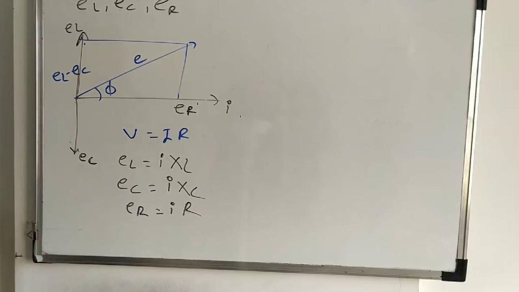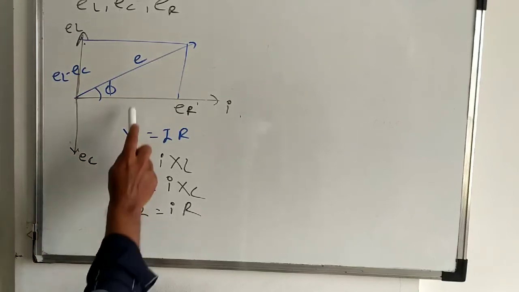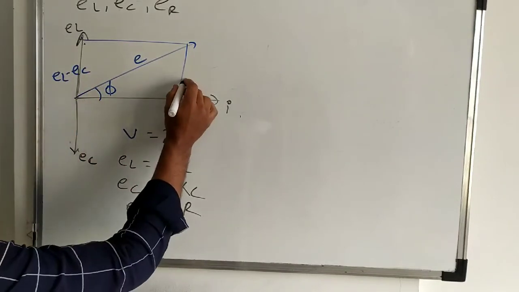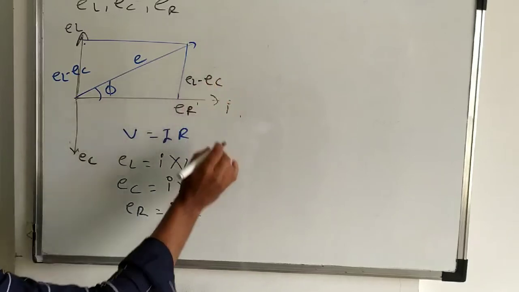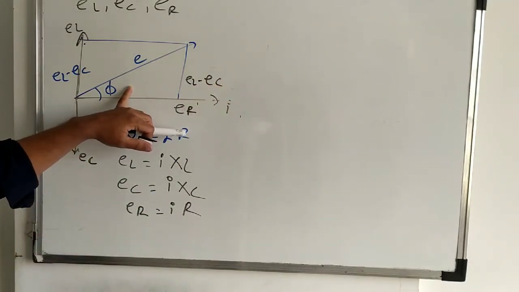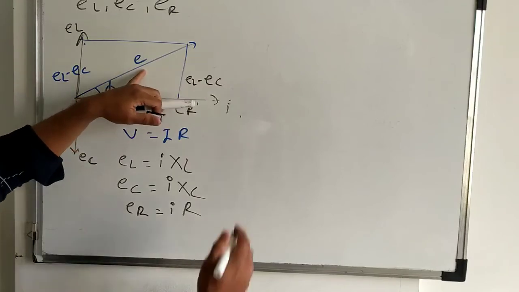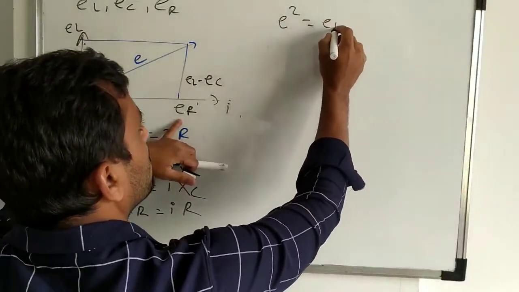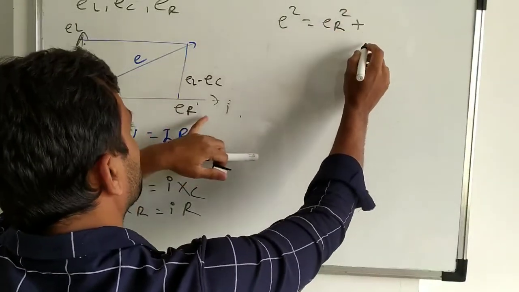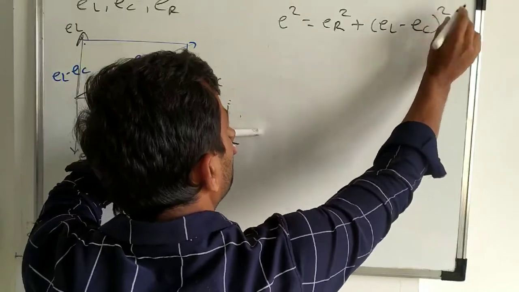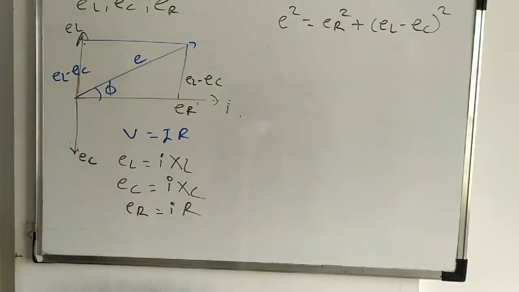If you apply the Pythagoras rule to this triangle, then this is EL minus EC, then automatically the opposite side would be EL minus EC. If you apply the Pythagoras rule, then how we can write? E square is equal to ER square on one side, and the second side is (EL minus EC) whole square.